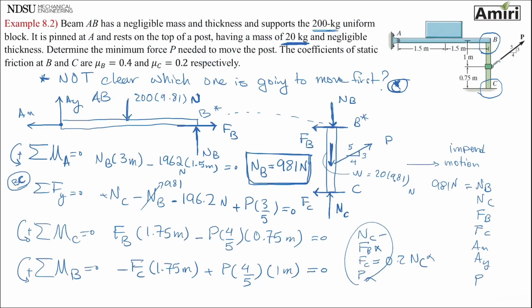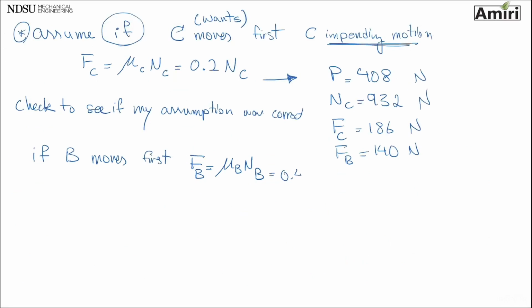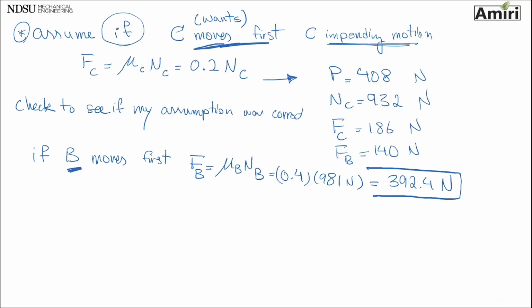NB, I found it to be 981, so FB would be 392.4 newtons. Okay. So if B wanted to move first, I would have got FB of this much. If C moves first, what did I get for FB? 140.